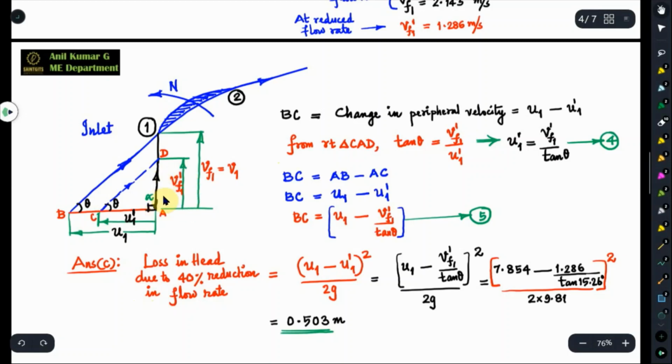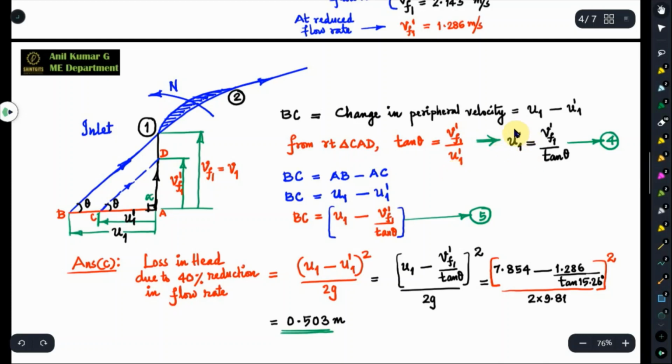So we found out this Vf1 dash already, and we discussed this triangle already. This u1 dash, the new effective peripheral velocity or tangential velocity, you can evaluate from this triangle. So you find out tan theta is equal to Vf1 dash divided by u1 dash.